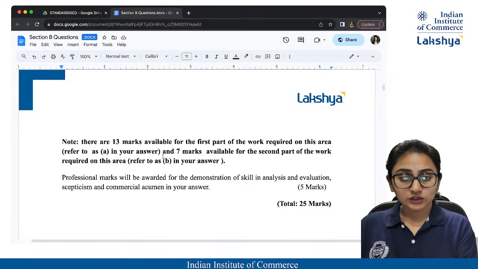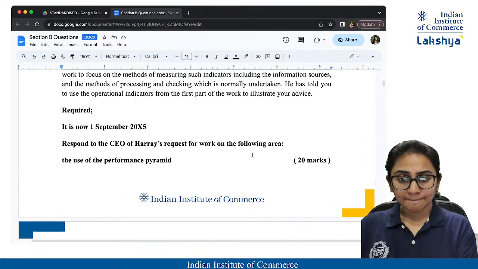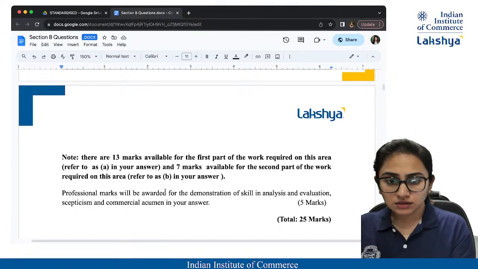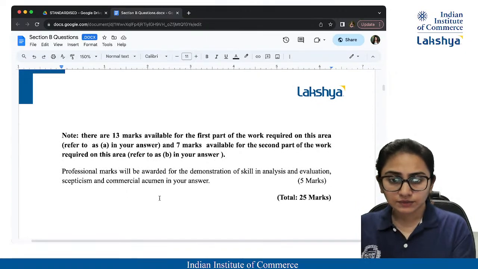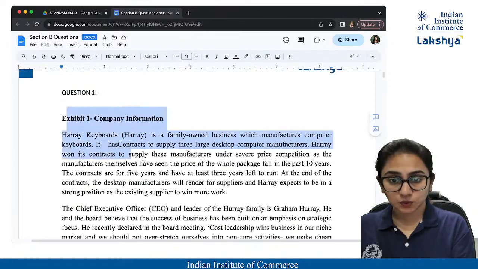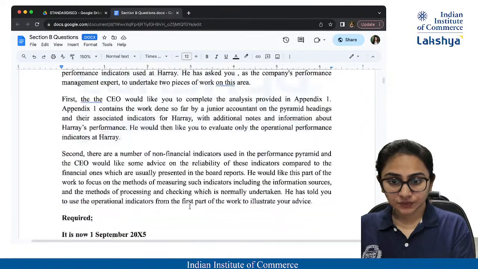Refer to A in your answer, that is the first part, and 7 marks is available for the second part, and the professional marks is 5. So first part is this, exhibit 1, and second part is this.